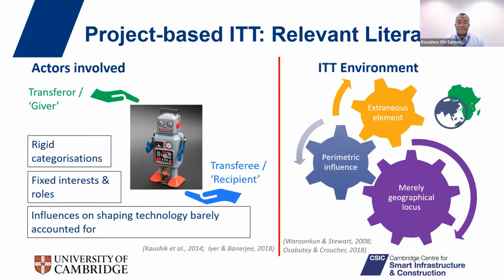Because of this tagging, there is a stream of literature that talks about reticence on the part of those tagged as givers, who think that once they are giving, there is no potential for them to receive. There is reluctance to actually follow through on international technology transfer projects and enable the local counterparts to obtain the foreign technology that they brought in.